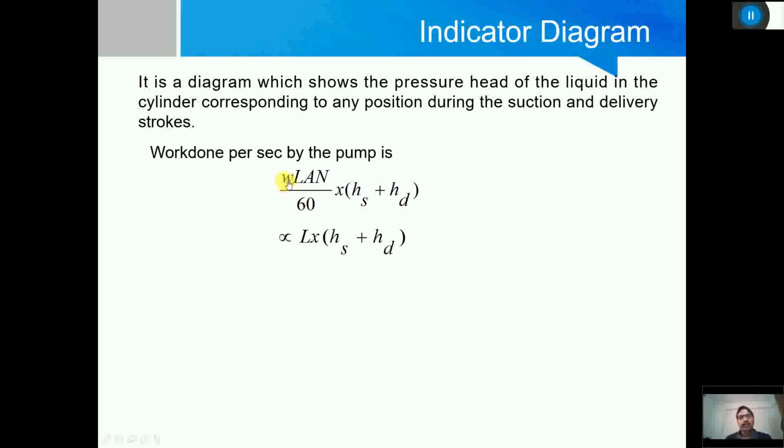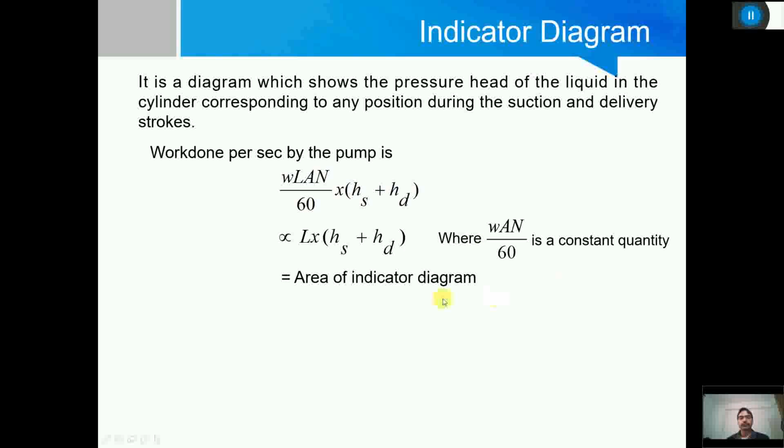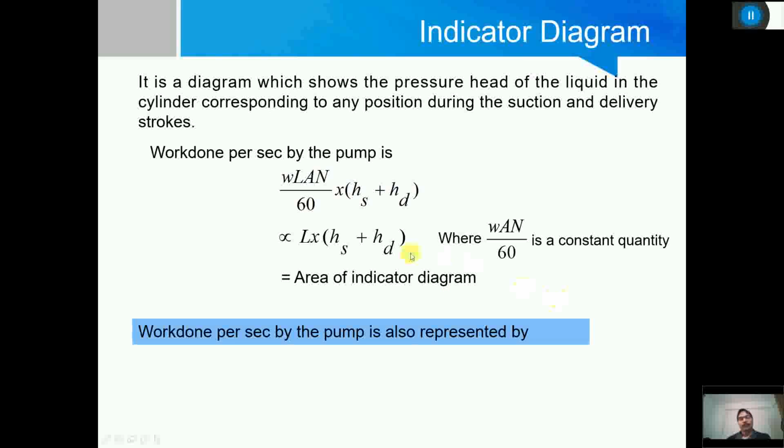If we consider W A N by 60 as constant, then this work done per second by the pump is directly proportional to L into Hs plus Hd. And this is nothing but the area of the indicator diagram. So work done per second by the pump is also represented by W A N by 60 multiplied by the area of the indicator diagram.